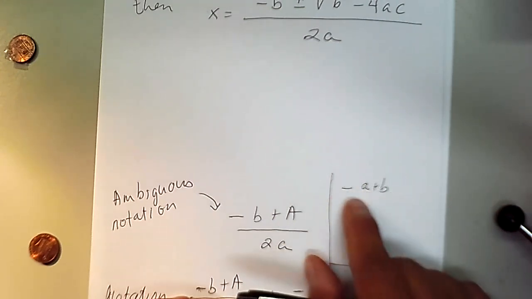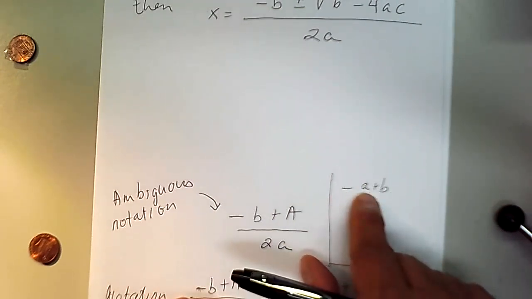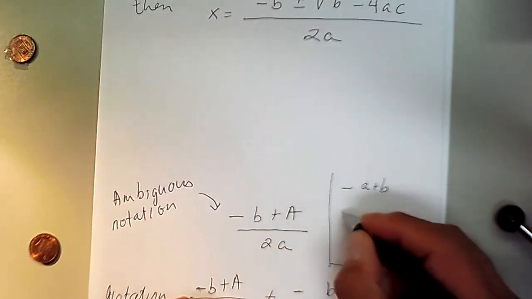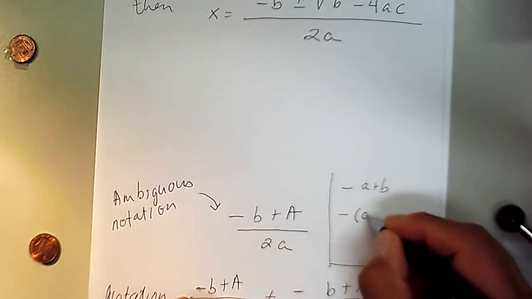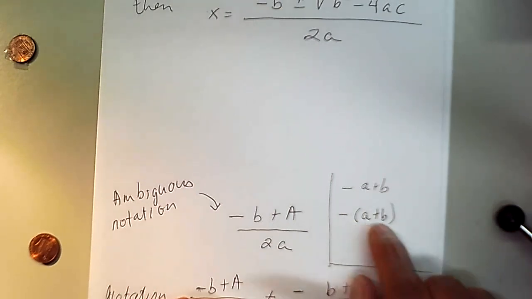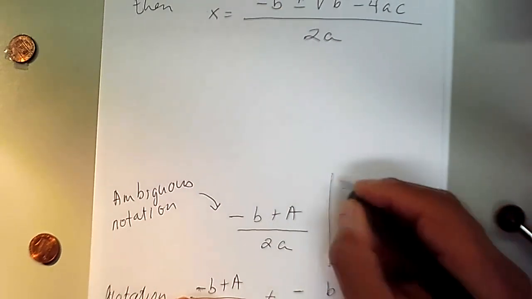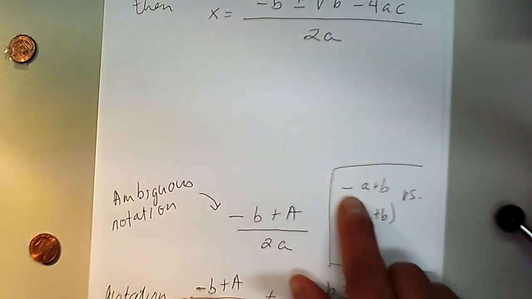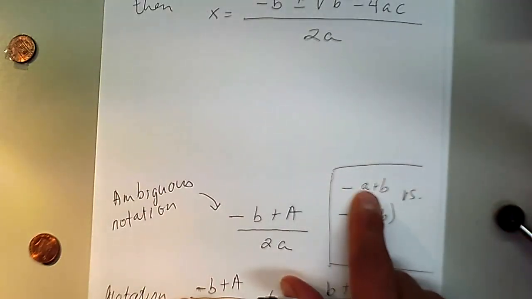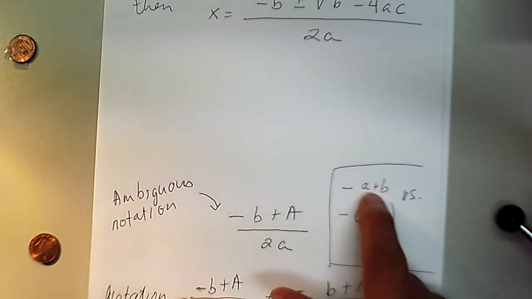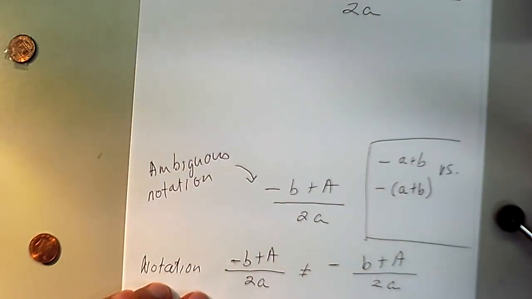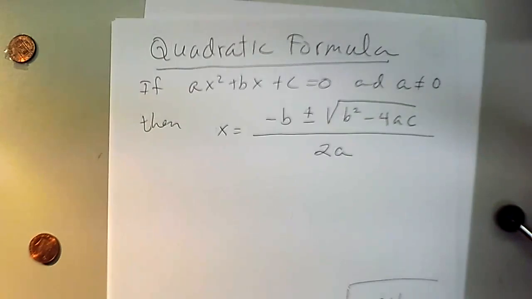The way this is written, this negative is only affecting the a, not the a and b. If we really want the negative to affect everything, then we have to put a parenthesis. So if you really want to mean this and you wrote this instead, that is incorrect. So please pay attention to where the negative is.